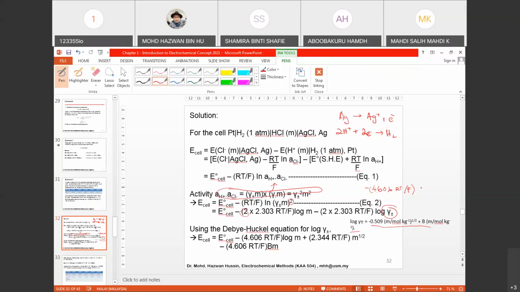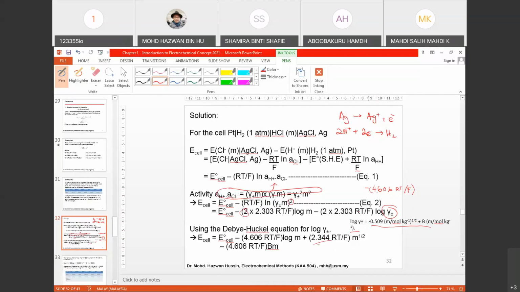When you multiply with that value, it produces 2.344: minus 4.606 multiplied with minus 0.509 gives a positive 2.344 in m to the power of half.